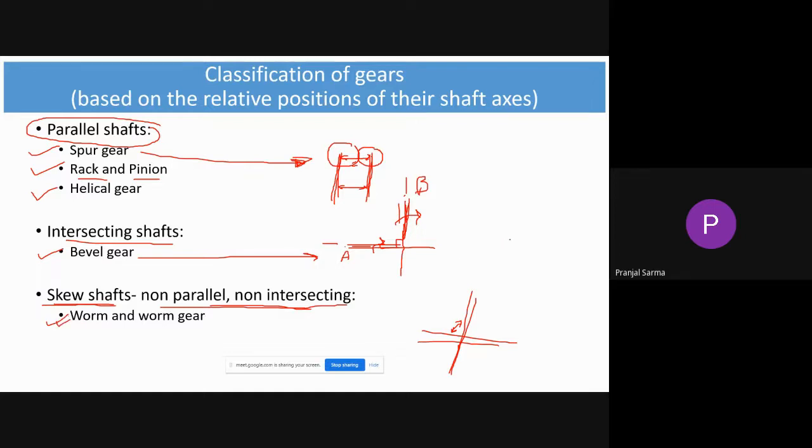In your engineering mechanics lab, you might have seen the worm and worm wheel, correct? You have seen one element like this, one gear kind of element, and you might have seen one screw-like element which was somewhere here.